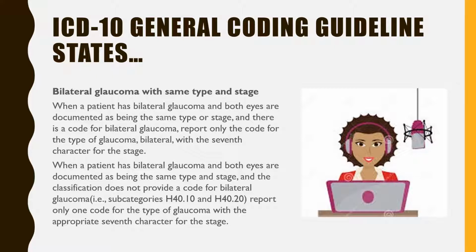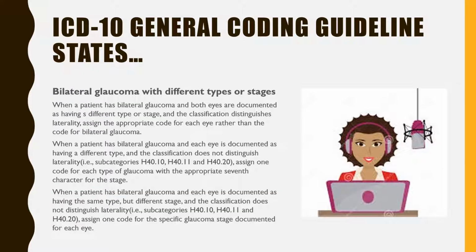When a patient has bilateral glaucoma and both eyes are documented as being the same type and stage, and the classification does not provide a code for bilateral glaucoma, for example, subcategories as in H40.10 and H40.20, we're to report only one code for the type of glaucoma with the appropriate seventh character for the stage.